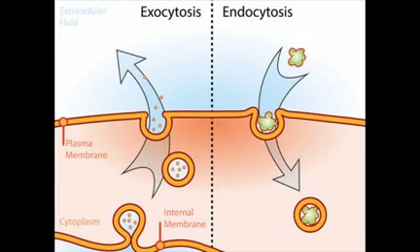Animal cells are continuously engaged in endocytosis. Phagocytosis is the main feeding mechanism in case of amoeba. Amoeba capture food, and that process is known as phagocytosis.